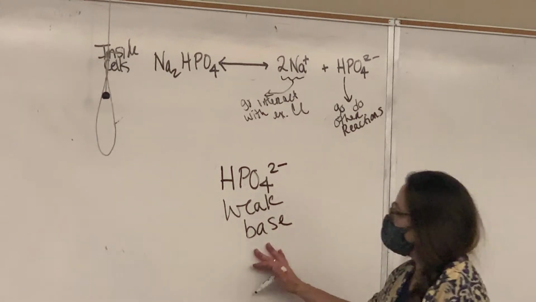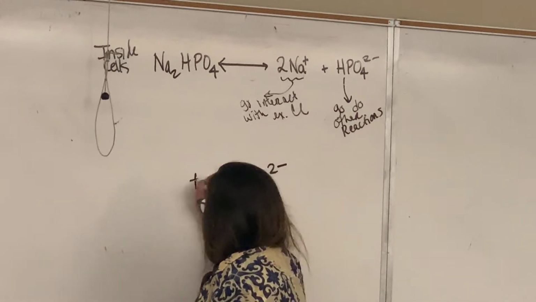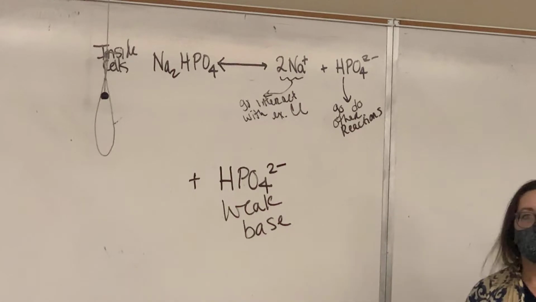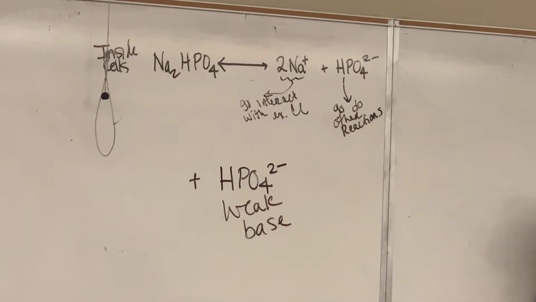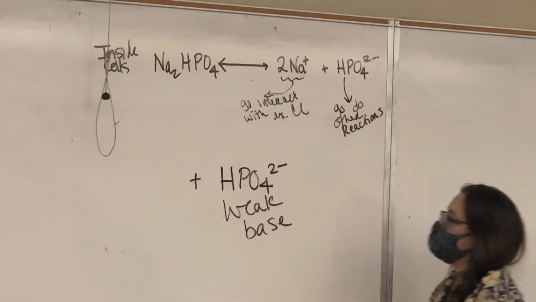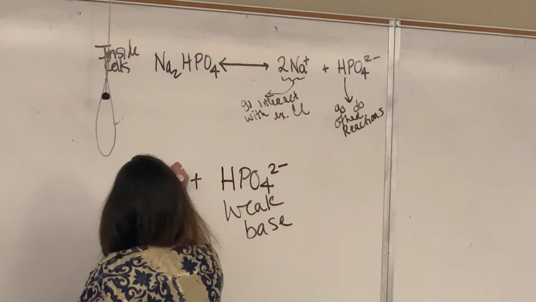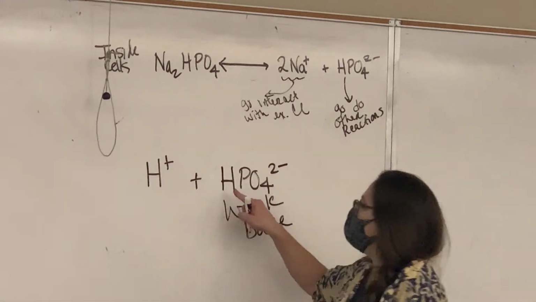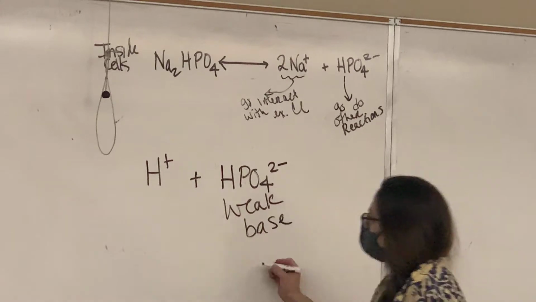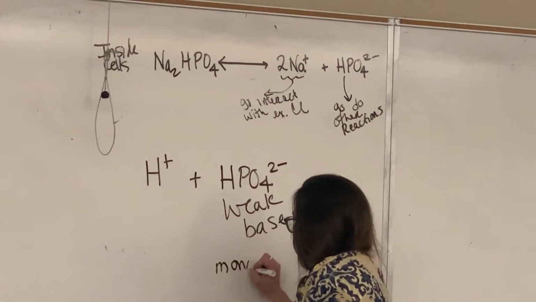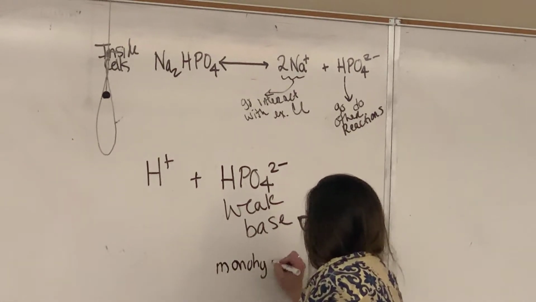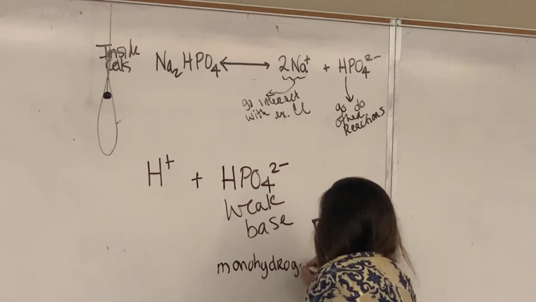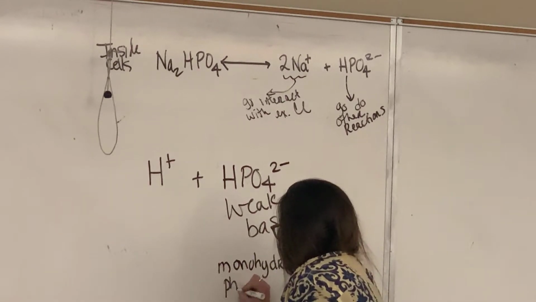And if it acts as a weak base, it will start absorbing what? What do weak bases absorb? Hydrogens. Okay, so it could start absorbing hydrogens. And when monohydrogen phosphate, I'm going to write this down here, and then I'll explain why the formatting's weird over there. Monohydrogen phosphate.